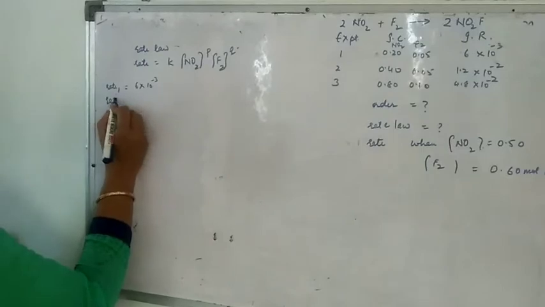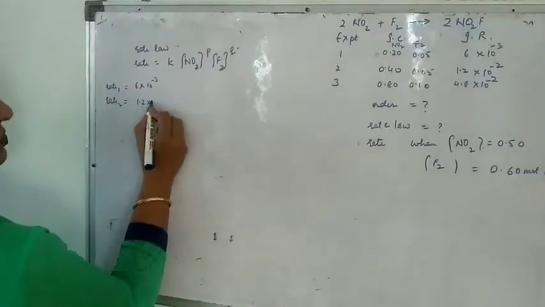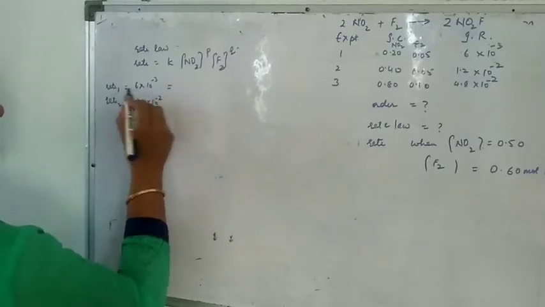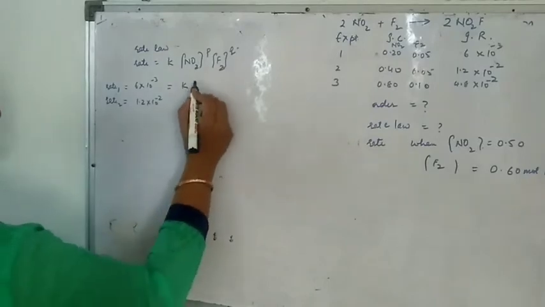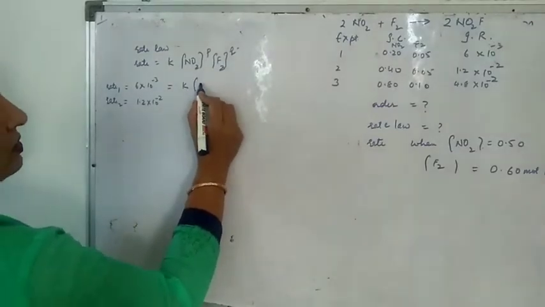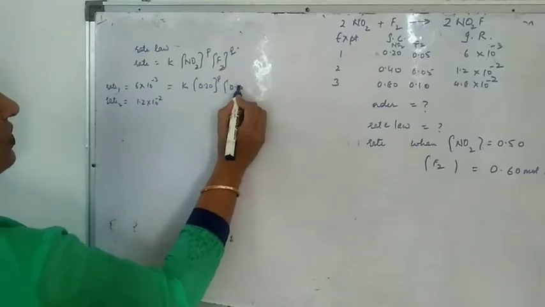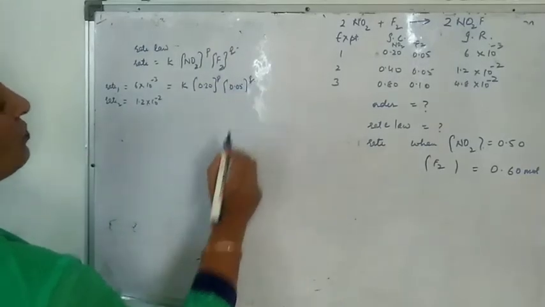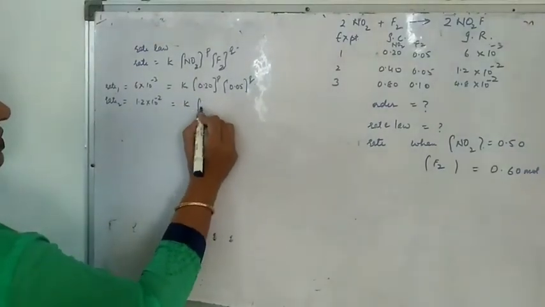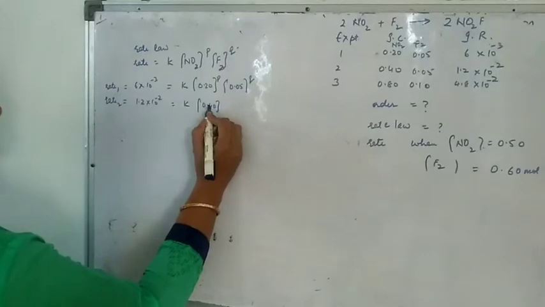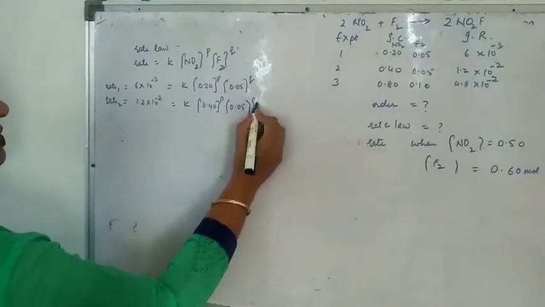Rate 2 is equal to 1.2 into 10 raised to power minus 2 is equal to K into 0.20 raised to power P into 0.05 raised to power Q. And for the second it will be 0.40 raised to power P into 0.05 raised to power Q.